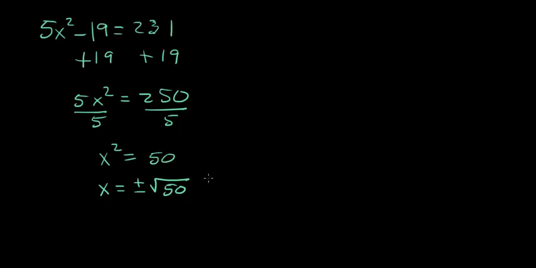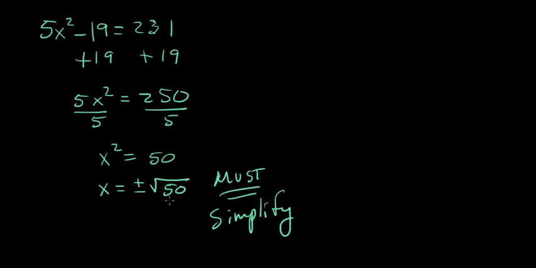You say, well, can I leave it there? No, you have to simplify. And what do you mean by simplify? Well, 50 is equal to 25 times 2, isn't it?